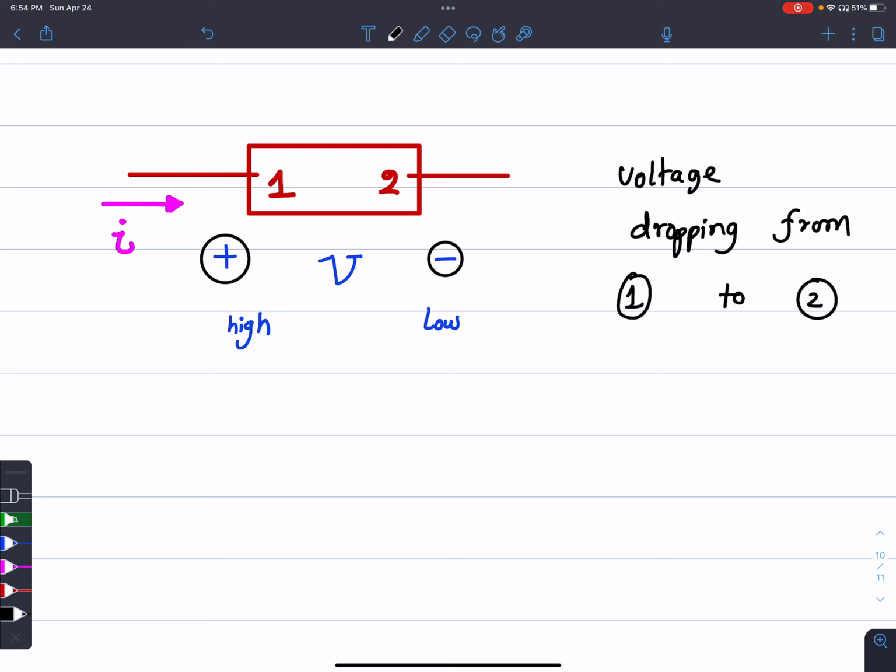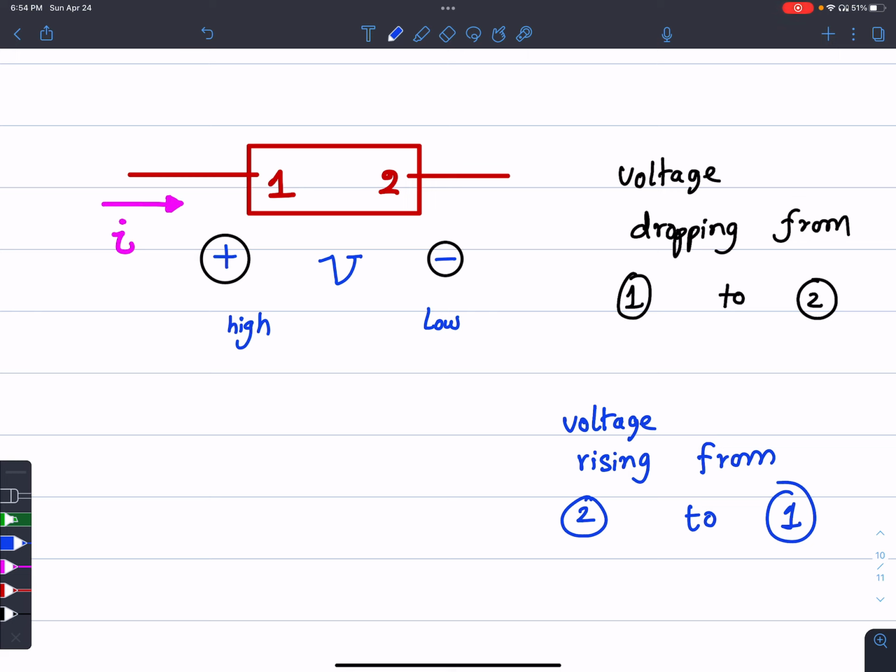On the other hand, you could even say voltage is rising from terminal 2 to terminal 1.